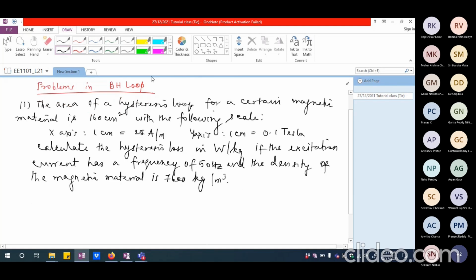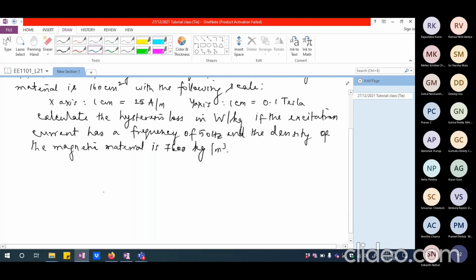So if you really look at the hysteresis loop we had drawn in the last class, let me draw it once again. If I have H along the X-axis and B along the Y-axis, for a new sample of iron I'm going to have the characteristics somewhat like this.